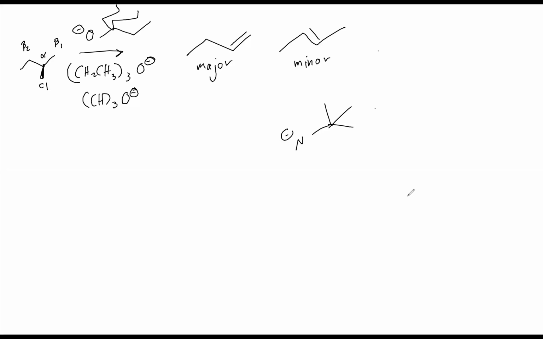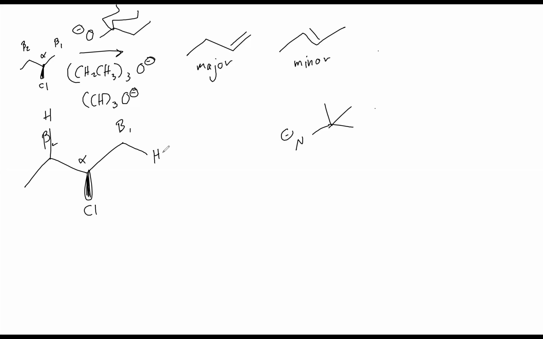All right, I'm just going to go over what makes Hofmann the major product one more time. I'm going to draw this a little bit bigger. We have our alpha carbon here, and then we have beta 2 and beta 1 here. Beta 2 is more sterically hindered than beta 1, but eliminating from beta 2 will make a more stable product.